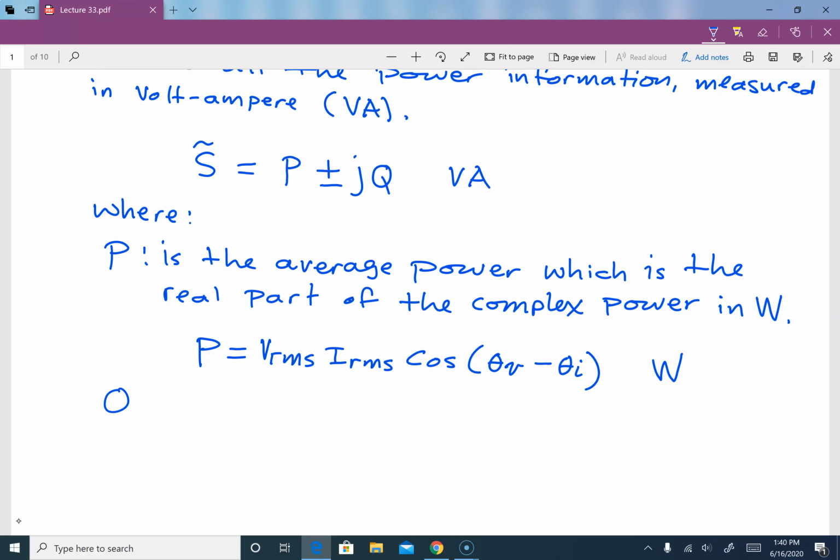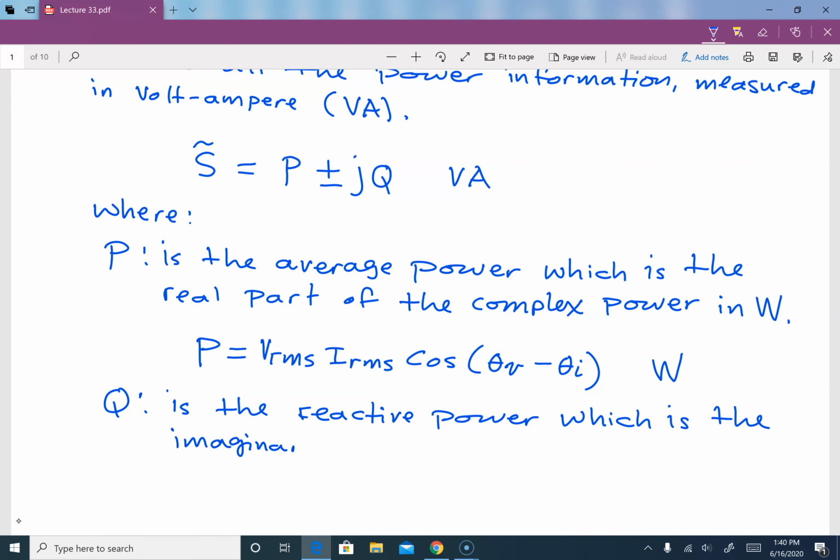The Q is the reactive power, which is the imaginary part of the complex power, in volt ampere reactive.